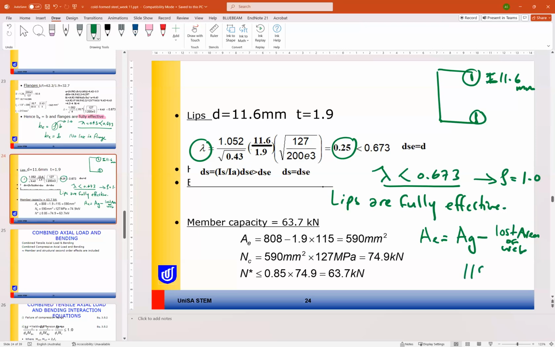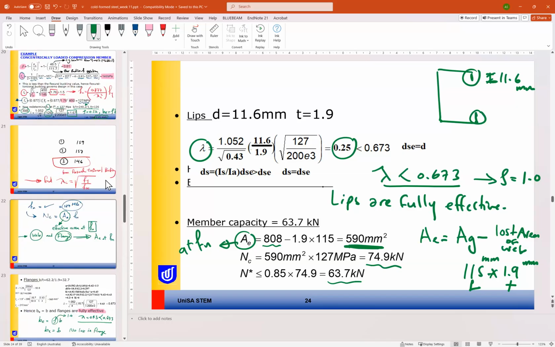We lost 115 millimeter length multiplied by 1.9 millimeter thickness. So the effective area at f n is equal to 808 minus 1.9 times 115, equal to 590 square millimeter. So this means Nc is equal to 0.4749. So N asterisk should be less than 0.637.